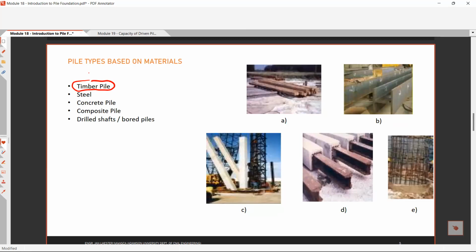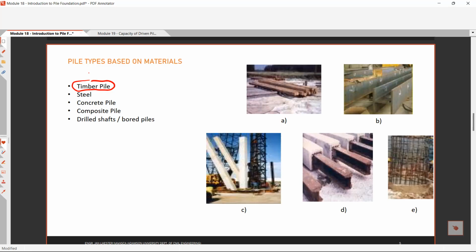So, syempre, hindi pa ganun kadami yung production ng concrete and ng steel or reinforced concrete. So, the solution is to provide timber piles. So dati kasi medyo mas mura yung timber piles compared to the concrete. So wala naman silang choice kung hindi mag-timber piles because yun yung mas maraming resources and mas mura, di ba?